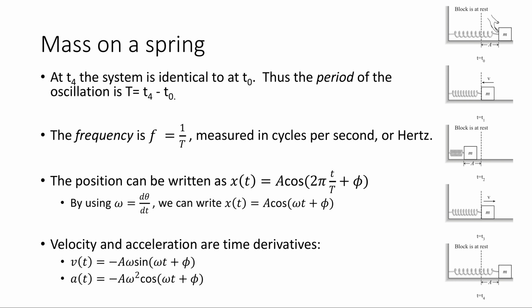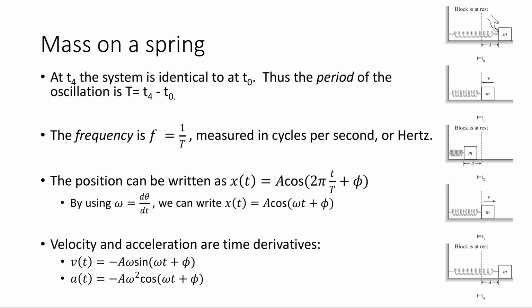So the position is 0 and the acceleration is 0, which makes sense because the spring is at its equilibrium position and it's not accelerating the block. However, the velocity is maximal and is pointing to the left, as we would expect, right? Sine of pi over 2, plugging in for omega t, is positive, but with this minus sign out in front, this means that the velocity is to the left, which is exactly what we would expect at t1.